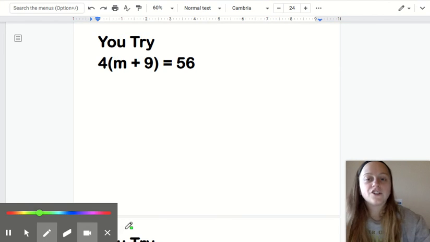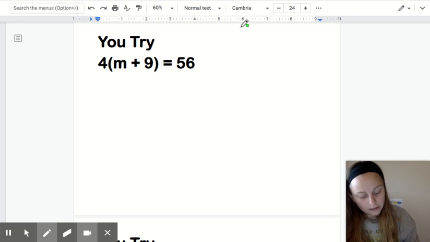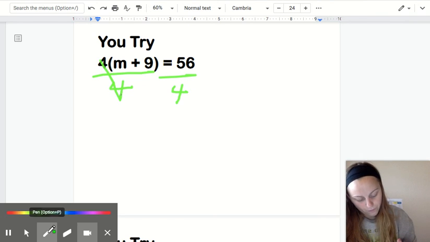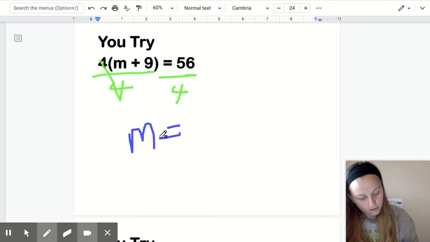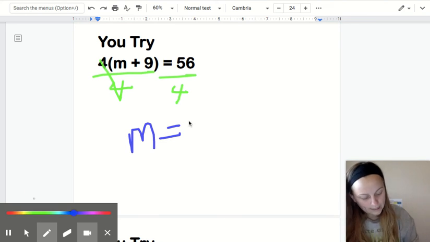remember we do order of operations backwards. So we save our parentheses for last. So we actually are going to get rid of this times 4 first. So we divide by 4 on both sides. These 4's cancel out. So I'm left with m plus 9 equaling 56 divided by 4, which is 14.